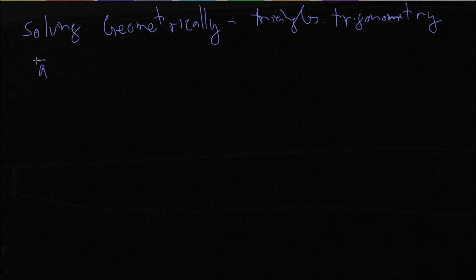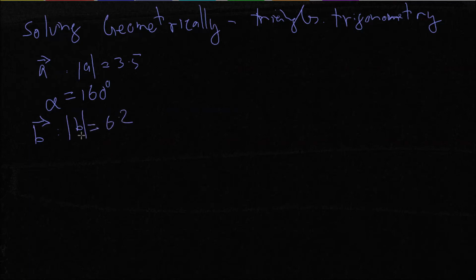We'll have a vector A, which has a magnitude of 3.5 and an angle of 160 degrees to the x-axis. And we'll define our vector B, which has a magnitude of 6.2, and we'll give our vector B an angle of 35 degrees to the x-axis.